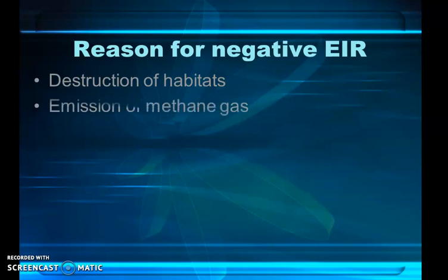And the second reason is emission of methane gas. When water is exposed to sunlight, it can make methane gas. So methane gas can cause environmental problems as well. So we can say on that basis, hydroelectric power stations have a negative EIR.